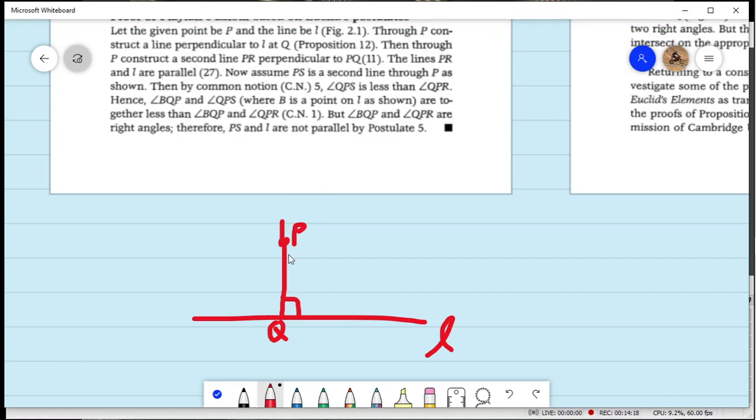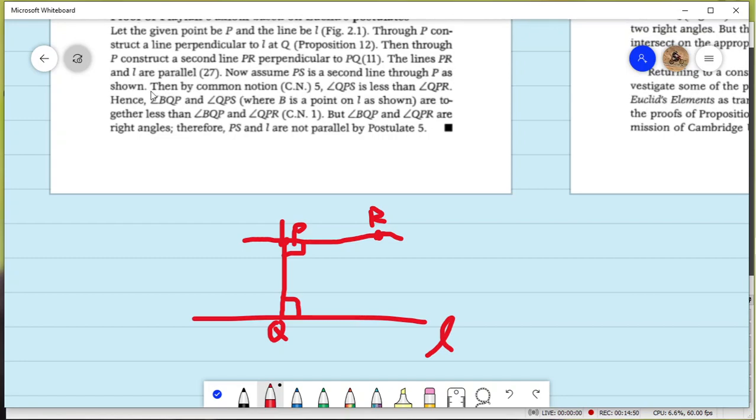So this is line PQ. A line perpendicular to PQ can also be drawn at point P. So let's say this other point here is R. This is according to proposition number 11. This time the point is on the line, then a perpendicular can be drawn through the point. Earlier the point was not on the line and a perpendicular was drawn.